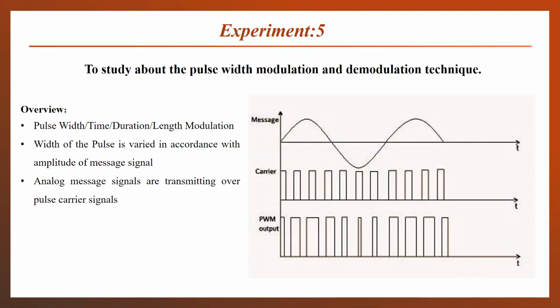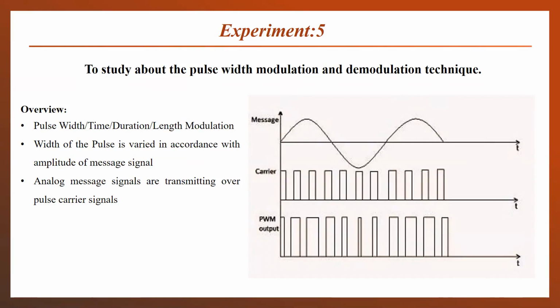In pulse width modulation, the width of each pulse will be proportional to the amplitude of the message signal at that instant. But the amplitude of the pulses will be fixed, and the starting time of each pulse will be fixed. Thus the time duration will vary, and this transmission technique is also a baseband transmission technique.